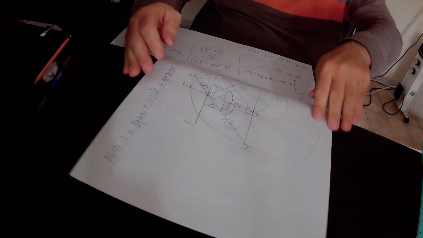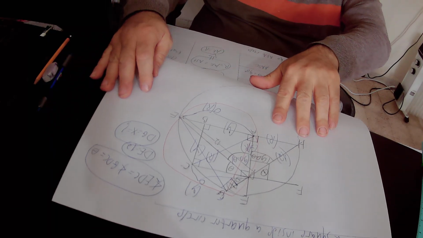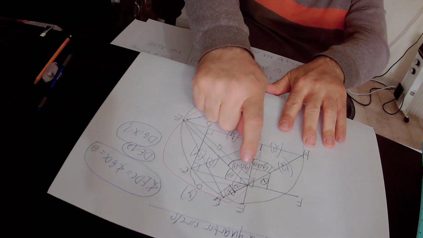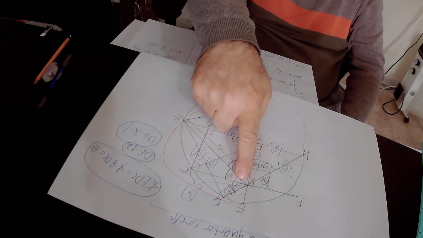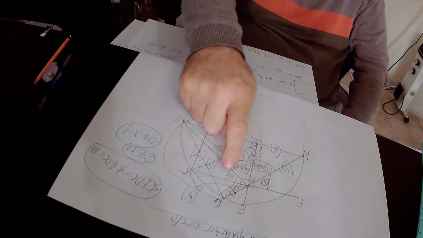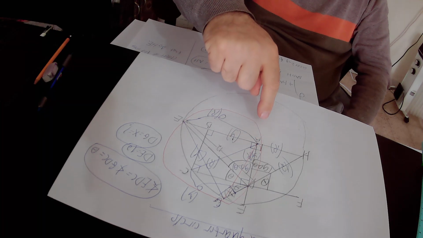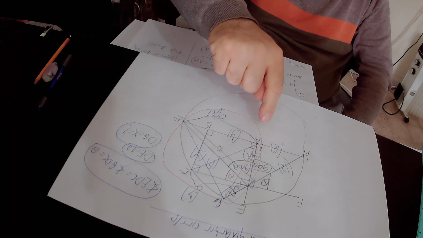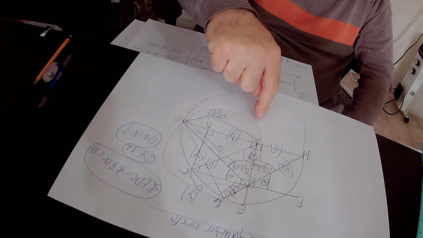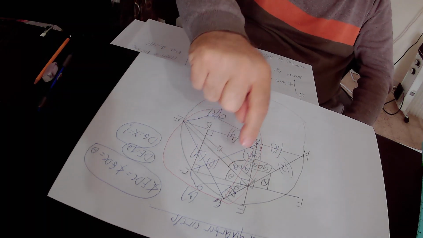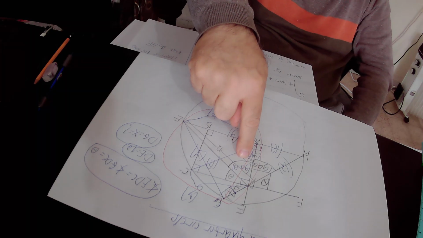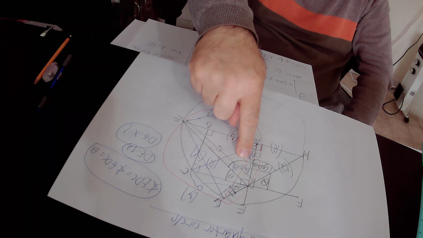And here we have, so this is a right angle, and this is angle theta. Therefore, the missing angle must be equal to 90 degrees minus theta. So this missing angle ADE equals 90 degrees minus theta.